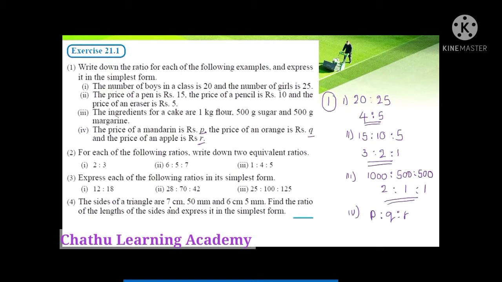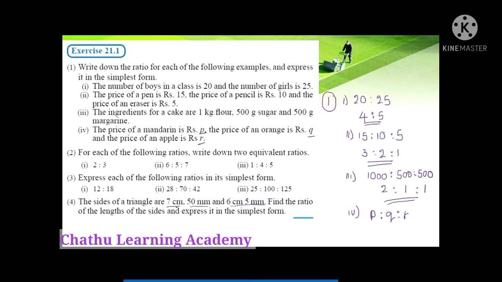Here they have given the side length of this triangle 7 centimeter, 50 millimeter and 6 centimeter and 5 millimeter. Here you can see two different units, centimeter and millimeter. Then you want to convert these units into a similar one. It means you can convert centimeters into millimeters. How many millimeters in 1 centimeter?